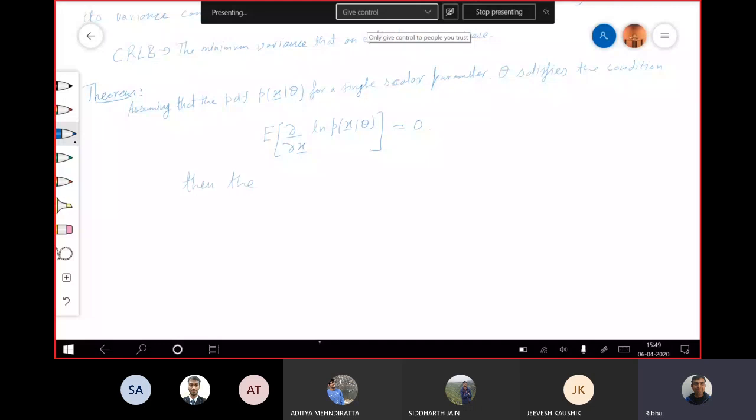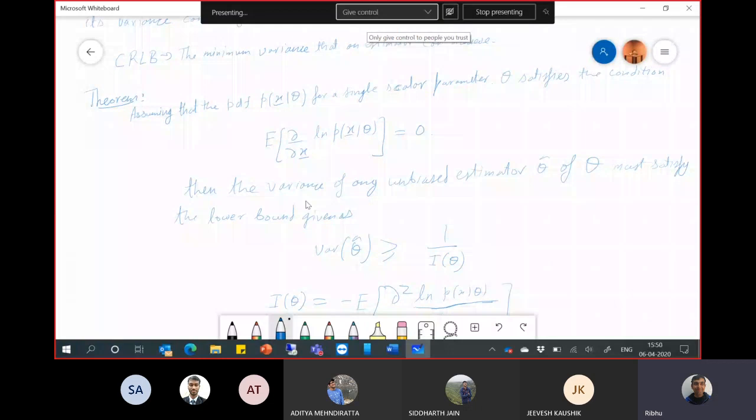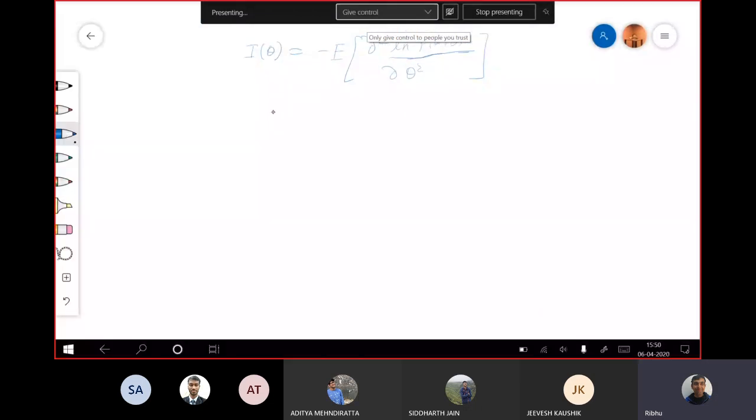variance of theta hat greater than or equal to 1 upon I theta, where I theta equals minus of expectation of del square natural log of p of x given theta, or minus expectation of del square L theta by del theta square.